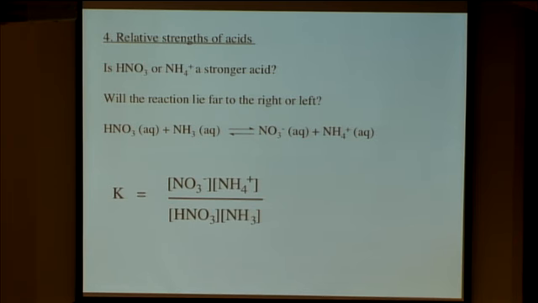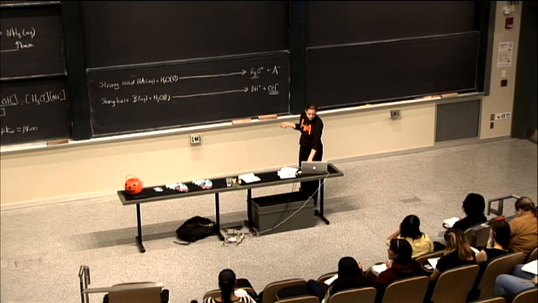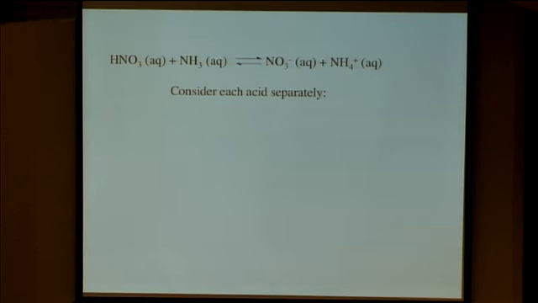So we can consider the K for the overall reaction, again, just products over reactants here. And we can also consider the reaction for just each acid alone in water. So first, we can take a look at one acid.